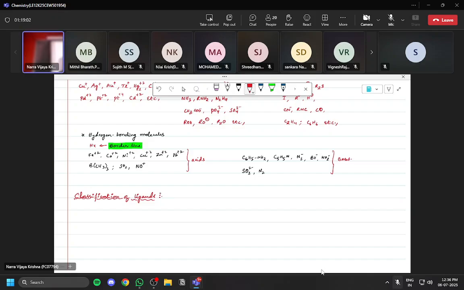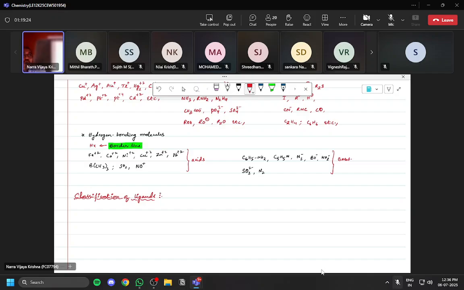If metal and ligand interactions are strong, then they are stable complexes. Stable complexes means strong interactions, so what should the ligand be? The ligand must be a good donor, meaning its electronegativity must be low.